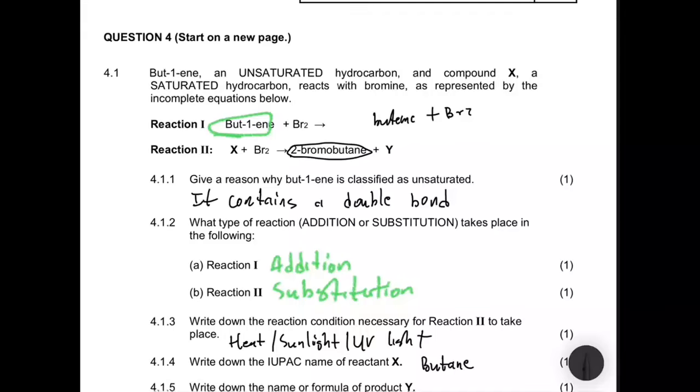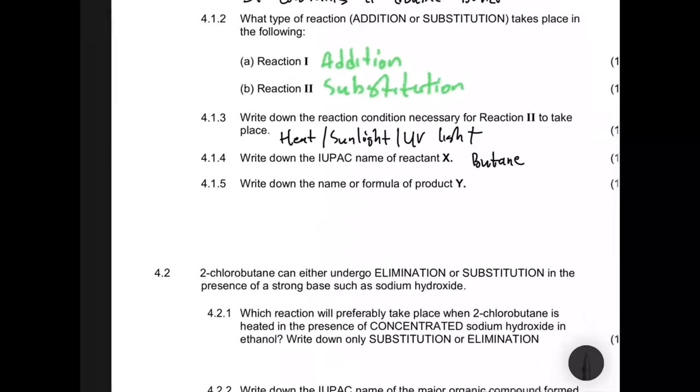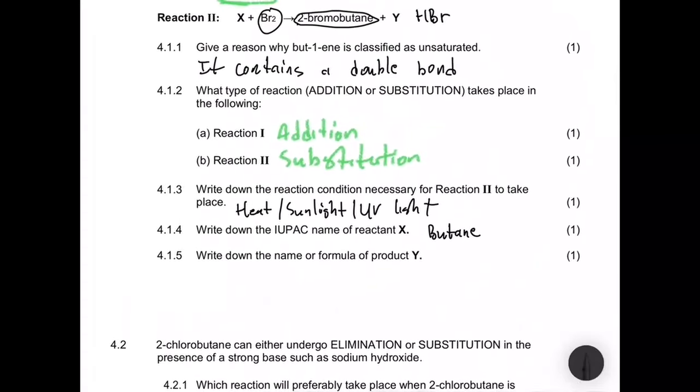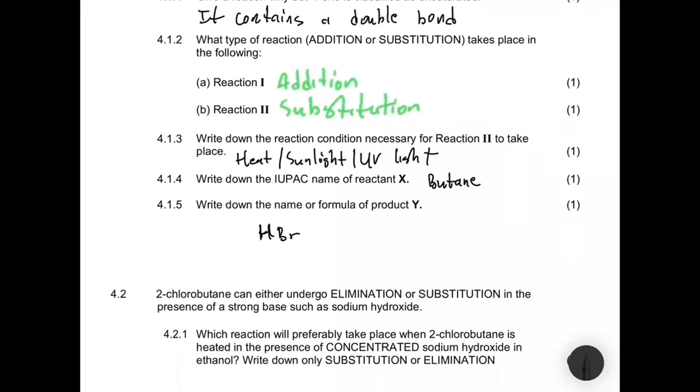And in place of bromine here, we're replacing it with the hydrogen. So Y will be hydrogen and bromine, right? So what is asked is the name or the formula of product Y. So let's not complicate our lives and try coming up with the name. Let's just say HBr, hydrogen bromide.